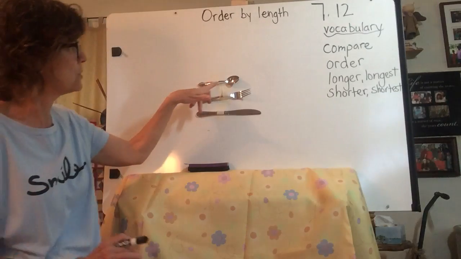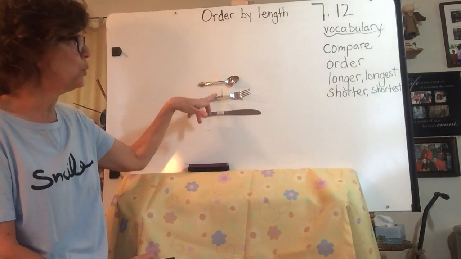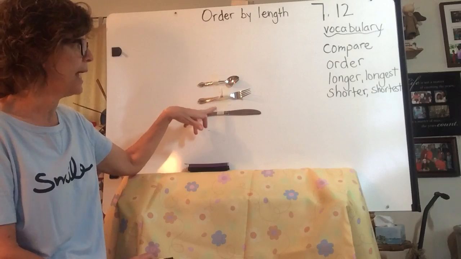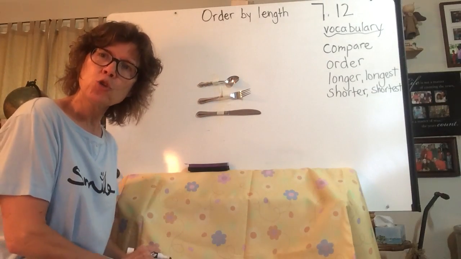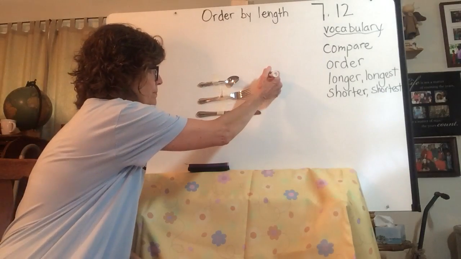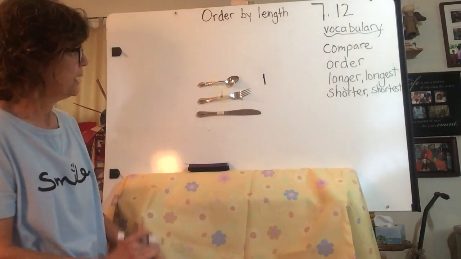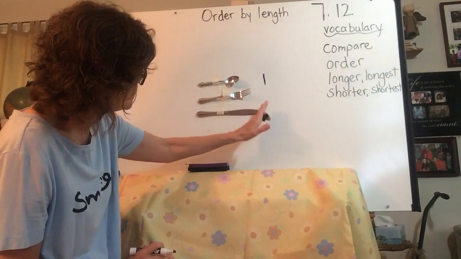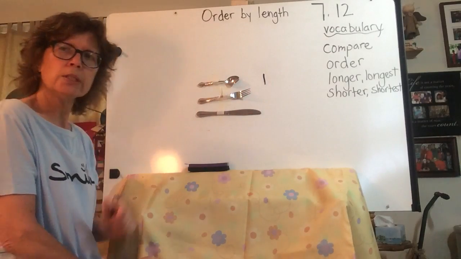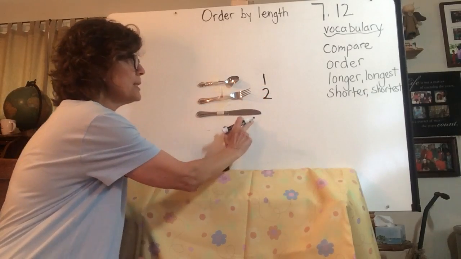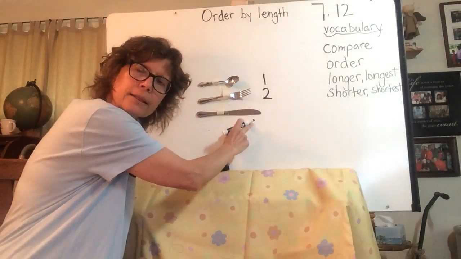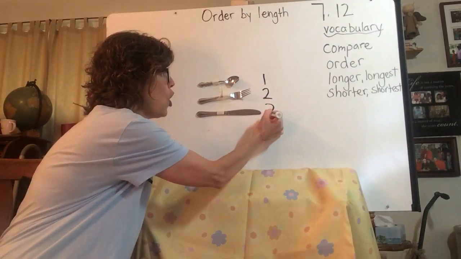So look, there's the spoon, the fork, and the knife. I'm going to put a number 1 by the shortest one. And then I'm looking, I'm comparing, I'm seeing, so the spoon is the shortest, the fork is the next shortest, and the knife is the longest.